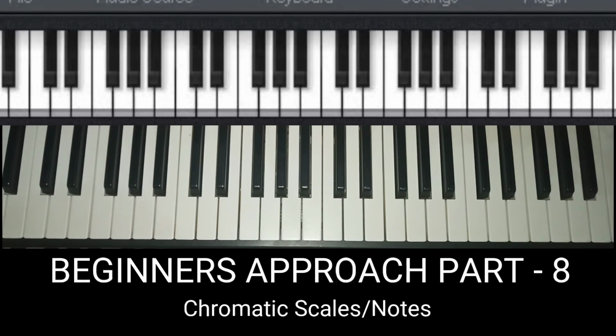All right, so a chromatic scale is a 12-tone scale. It's a musical scale with 12 pitches, each a semitone. Yes, I remember the definition. So 12 pitches within. When you go to G, it's the same thing.